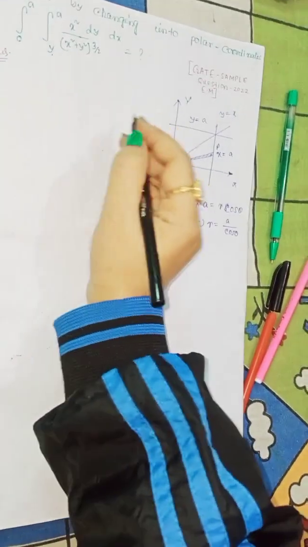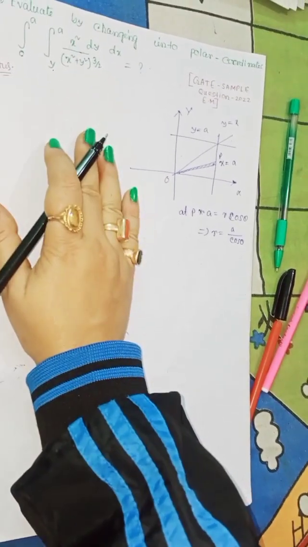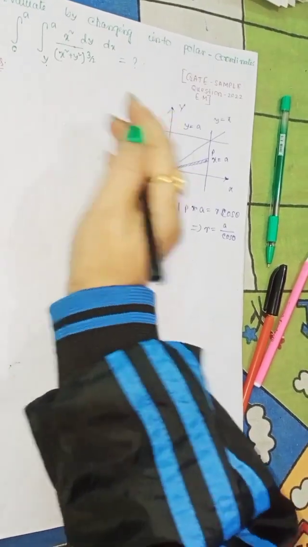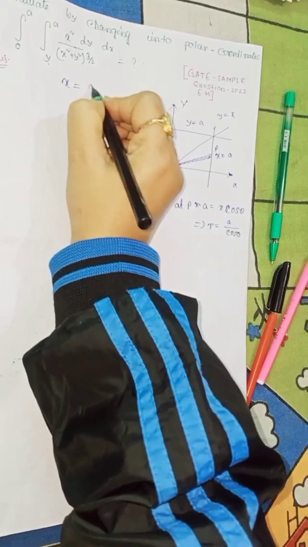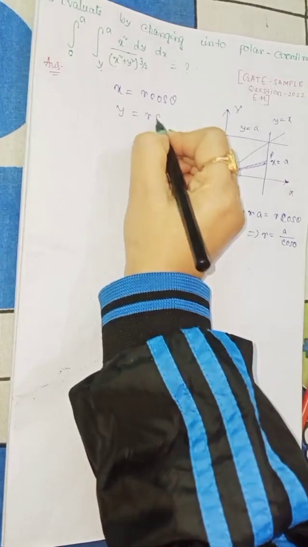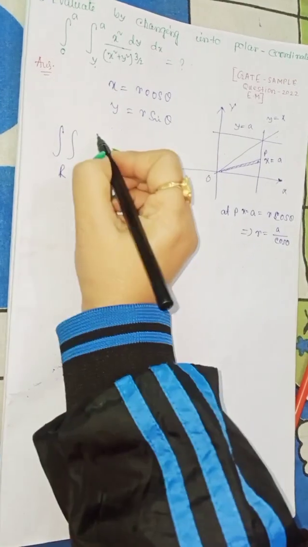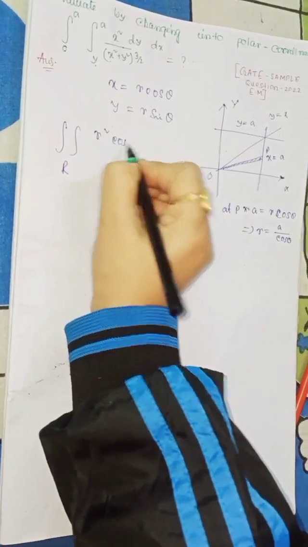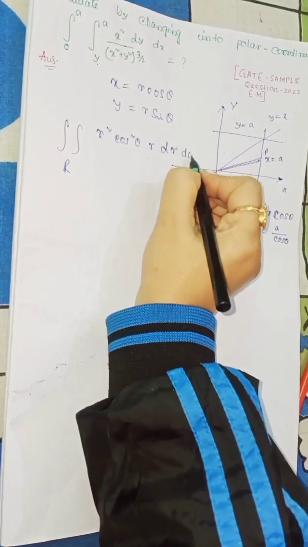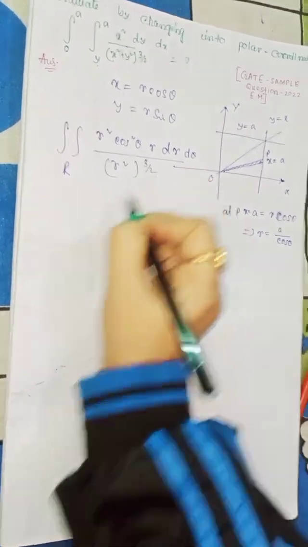Okay, so now when you convert Cartesian coordinates to polar coordinates, then integrating with respect to r first, put x is equal to r cos of theta and y is equal to r sin of theta. So now integrating with respect to r square cos square theta r d theta, and the denominator is r square to the power 3/2.